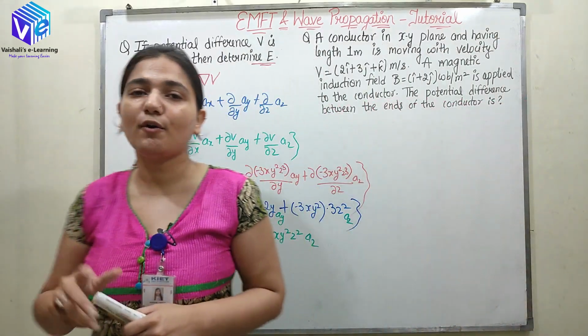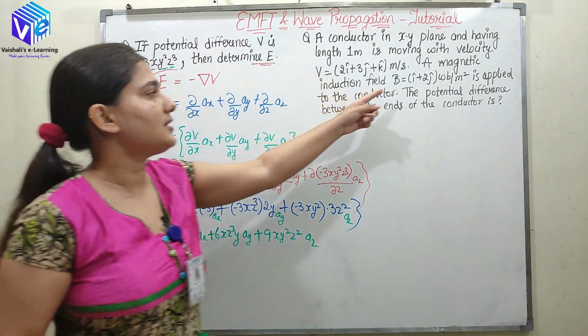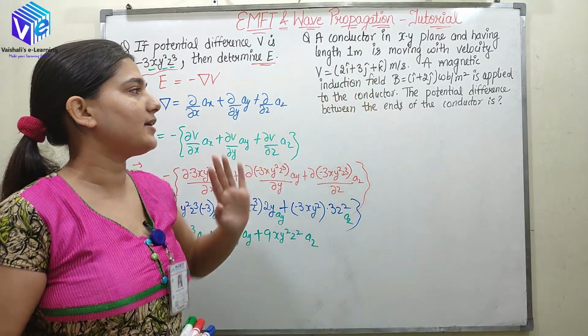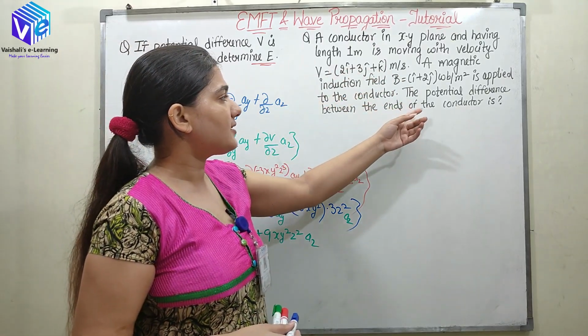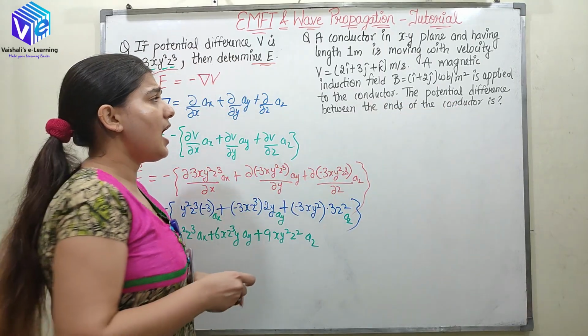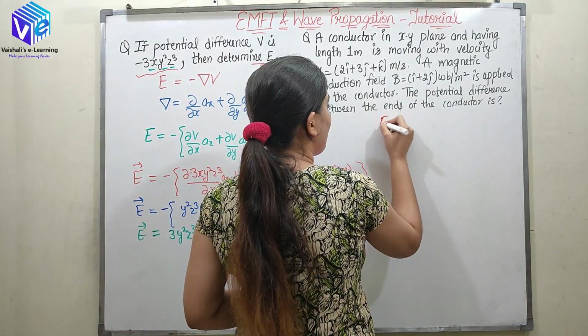So now what all things are given? Velocity is given, magnetic induction field is given. Now what do I have to find out? I have to find out the potential difference. I know the formula of force.